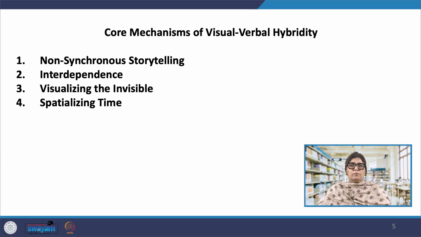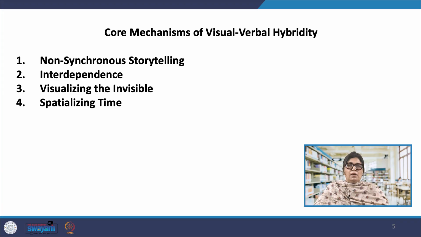If we explore the core mechanisms of visual-verbal hybridity, the first is non-synchronous storytelling. Rather than just illustrating the text, images can tell a different part of the story or offer a contrasting perspective, requiring the reader to actively negotiate between the two tracks.